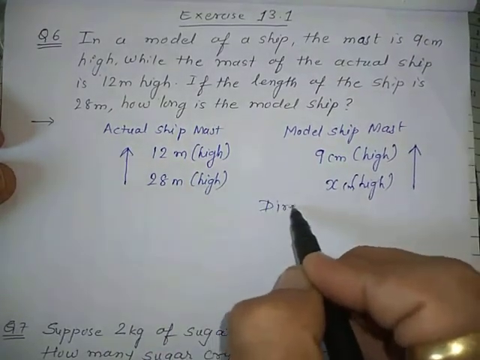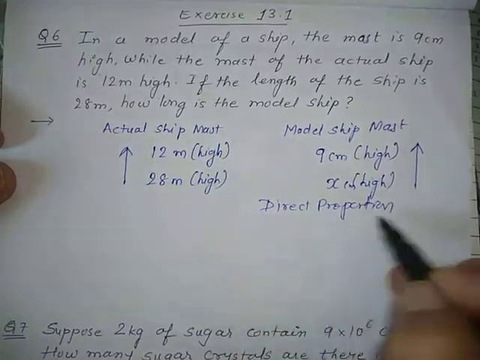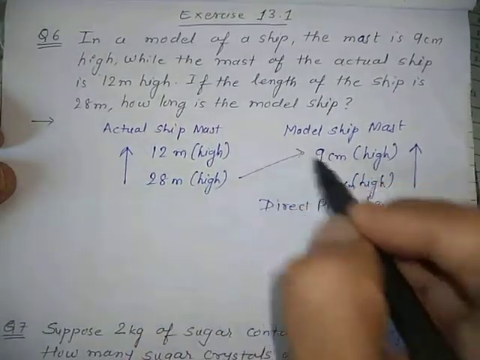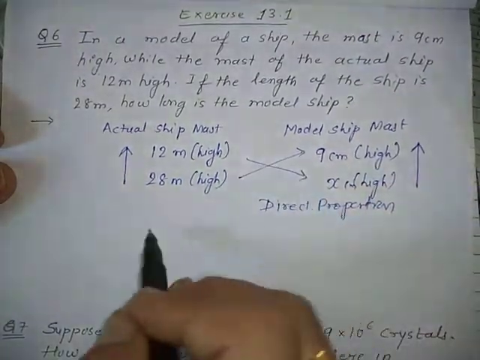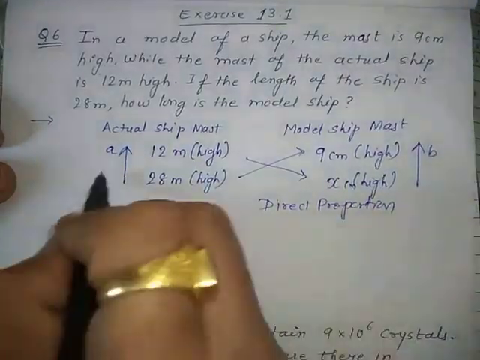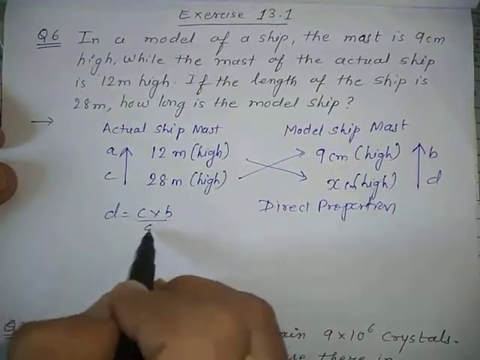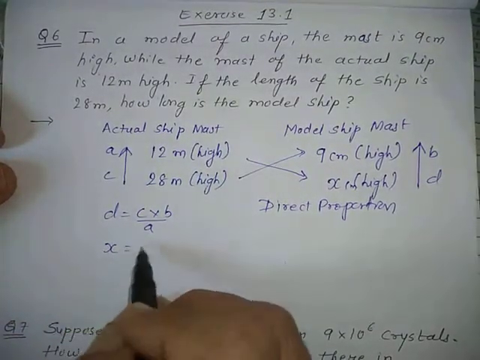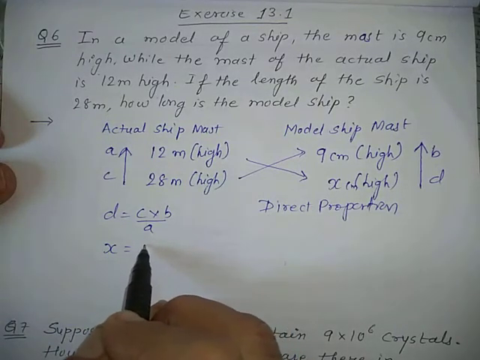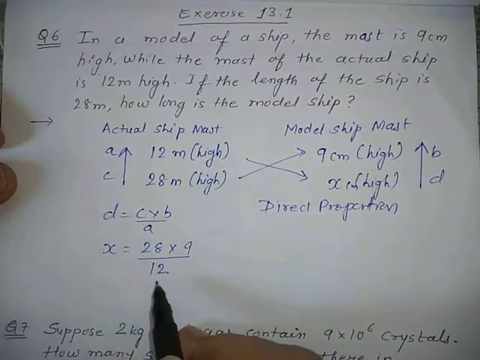So it is direct proportion. You know that direct proportion means cross multiply. So A, B, C and D. So D we are finding is C into B upon A. That means X is equal to 28 into 9 by 12.